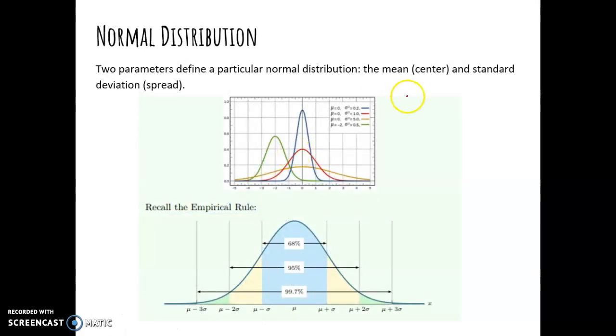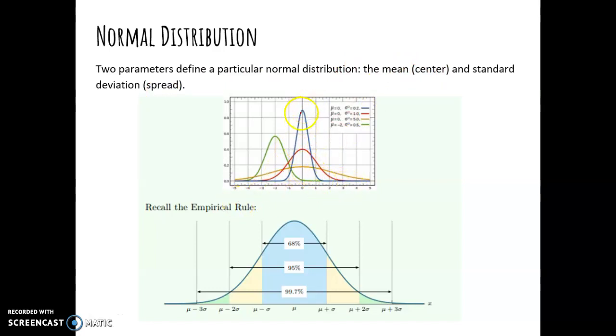So let's look at these. If you'll notice, we have 1, 2, 3, 4 normal distribution curves, bell-shaped curves, drawn on the same graph, so you can see that there can be differences. The two parameters that define a particular normal distribution are the mean and the standard deviation, which is the spread. The mean is the center, so the center is always the mean for a normal distribution.